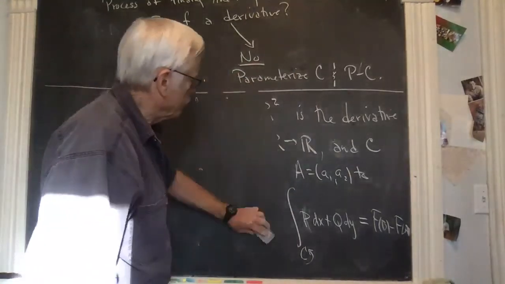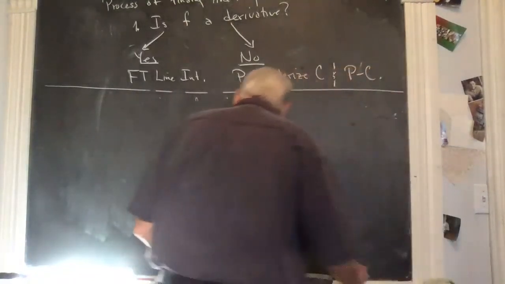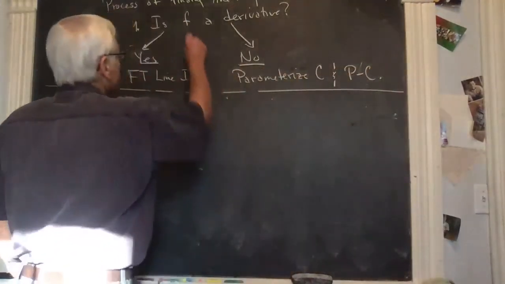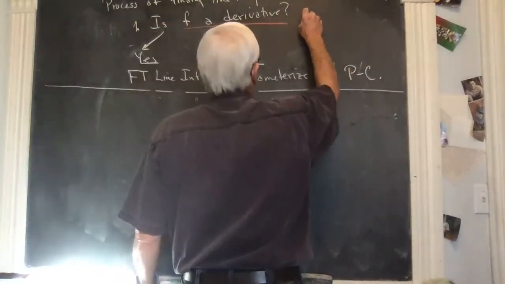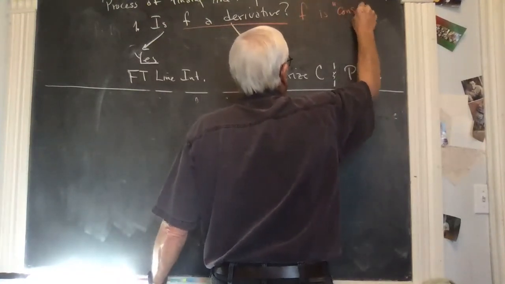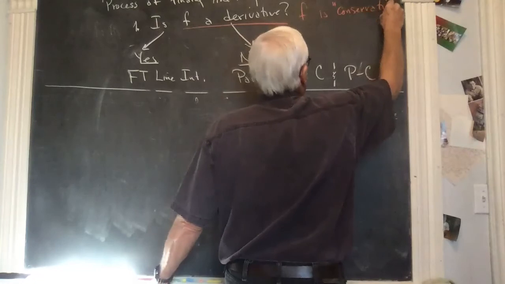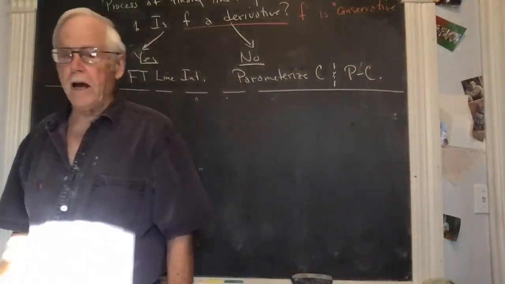And there are some words from this that come from physics. I used words here that came from math. But functions that have derivatives are called conservative. This says f is conservative. Conservation of energy, conservation of mass.